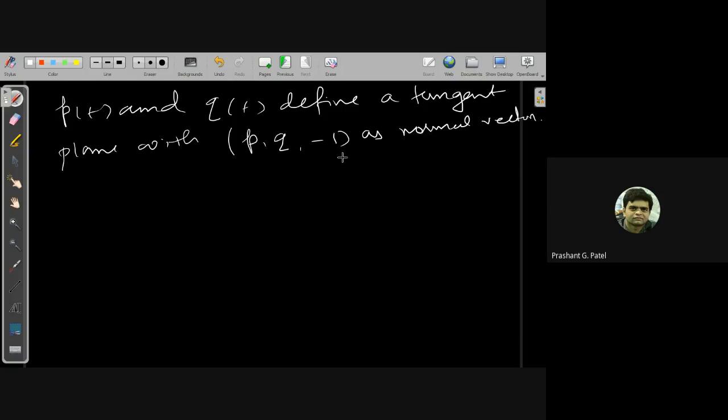And the curve along with these tangent planes at each point is called the characteristic strip.